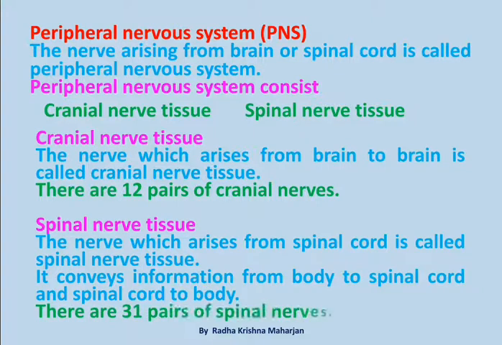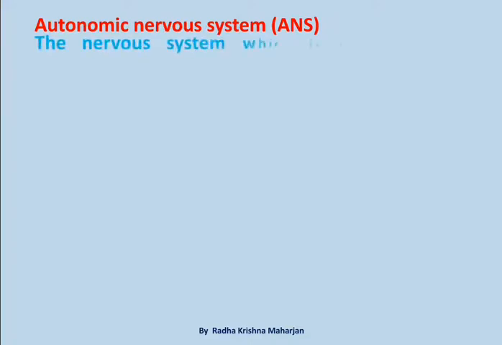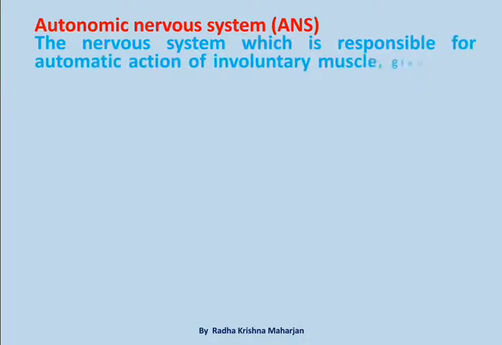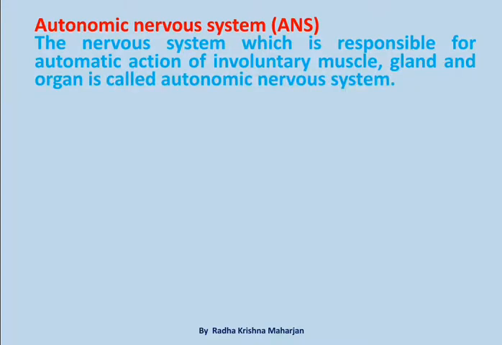There are 31 pairs of spinal nerves. Autonomic nervous system, ANS. The nervous system which is responsible for automatic action of involuntary muscle, gland and organ is called autonomic nervous system.